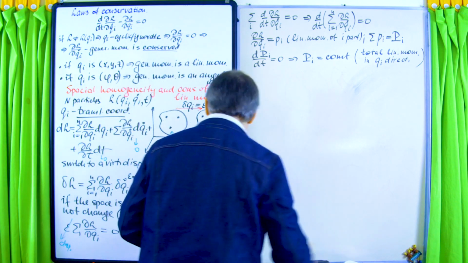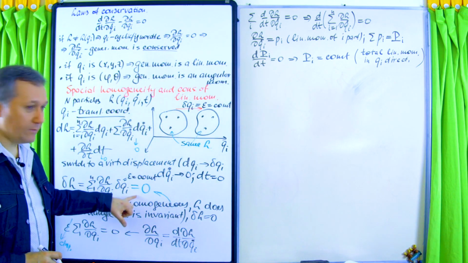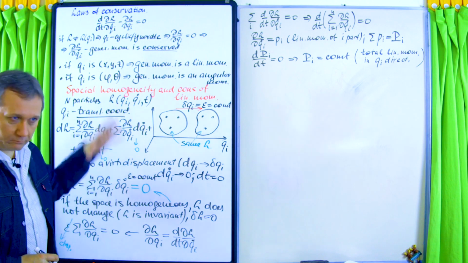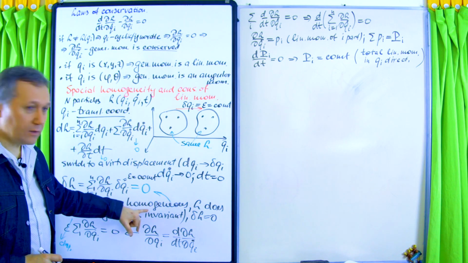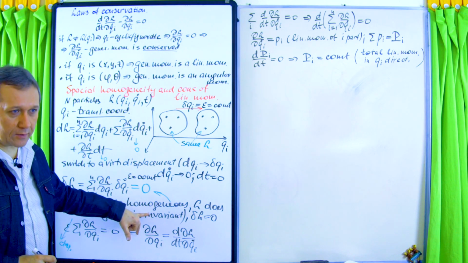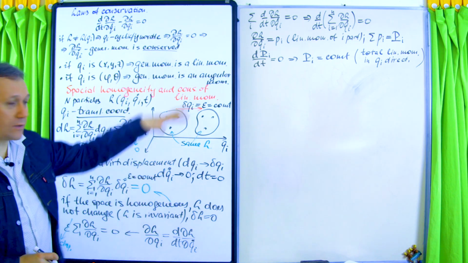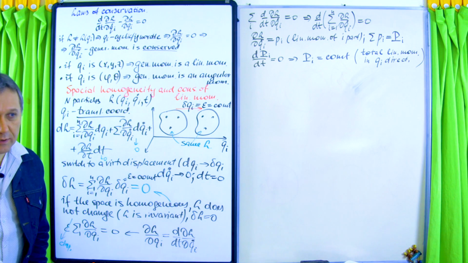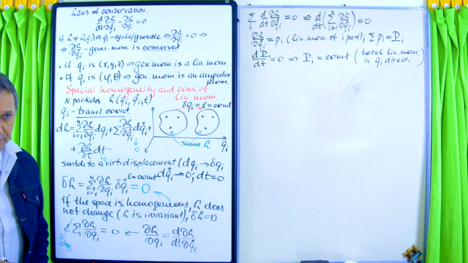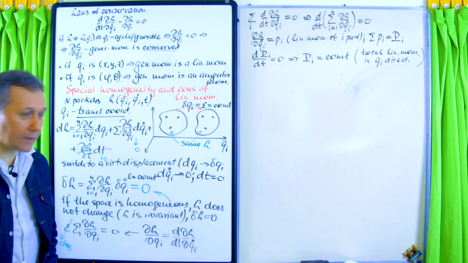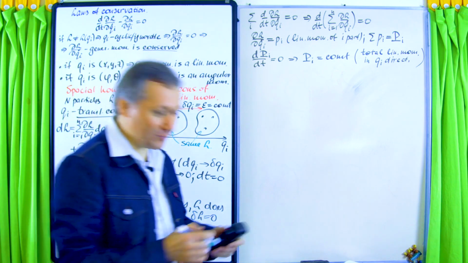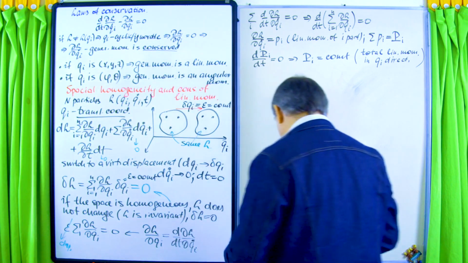So yes, the major point was here. First, we just apply some calculus, then apply the homogeneity condition, the fact that space is homogeneous, and as a result, it immediately led us to conservation of linear momentum. So we connected conservation of linear momentum with homogeneity of space.